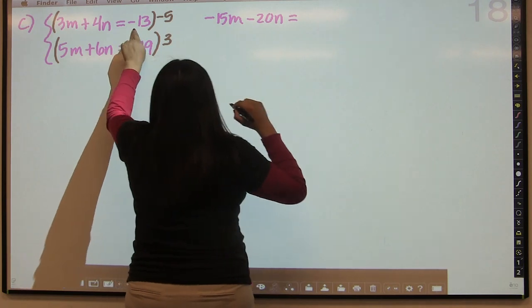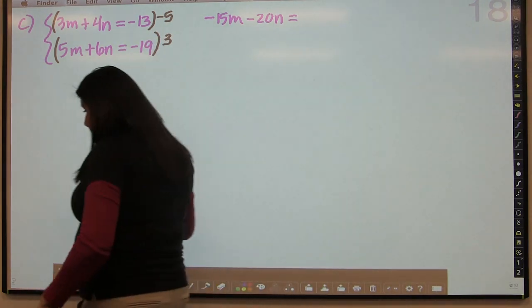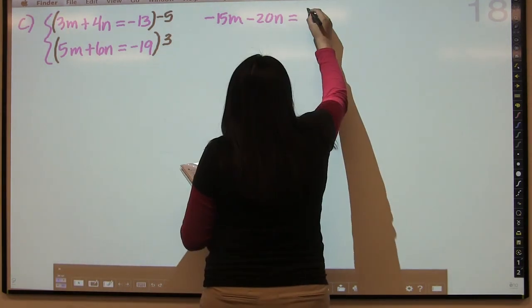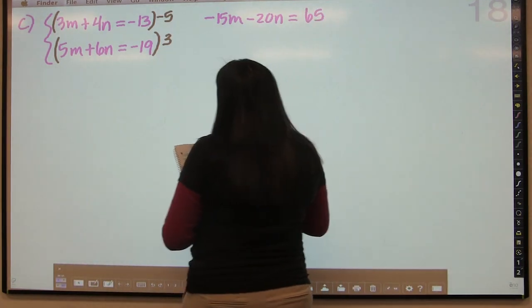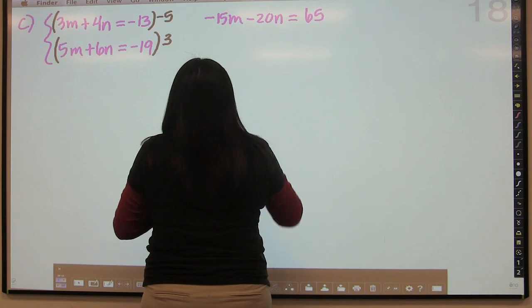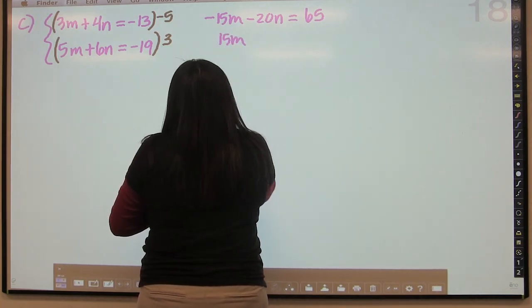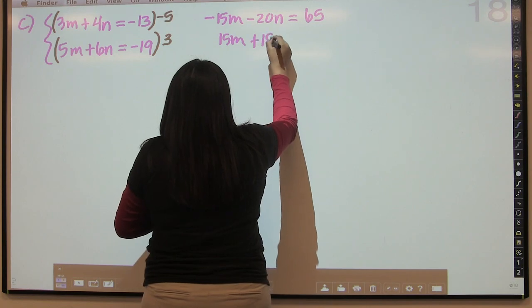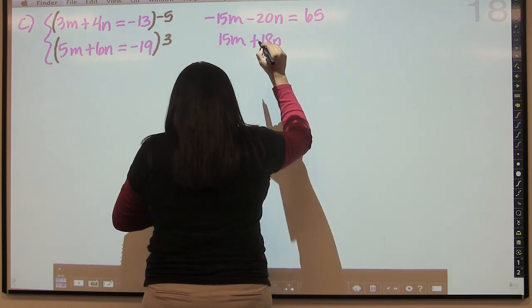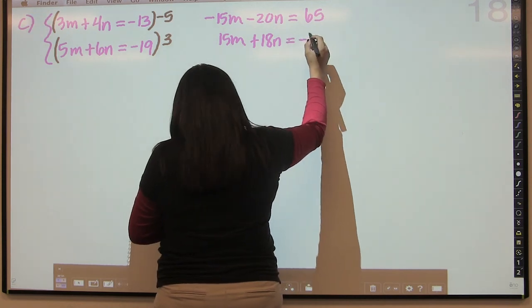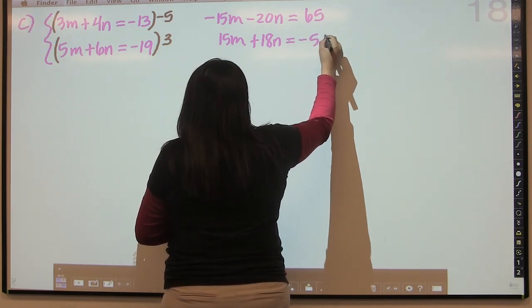And negative 13 times negative 5 is positive 65. On the bottom we have 5m times positive 3 is positive 15m. 6 times 3 is positive 18n. And then negative 19 times 3 is going to be negative 57.